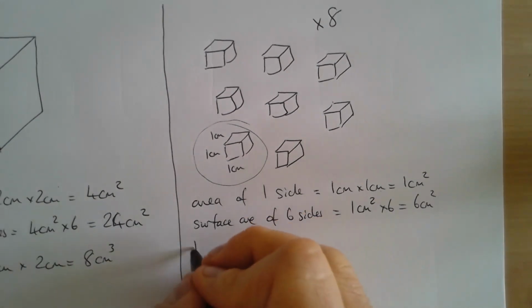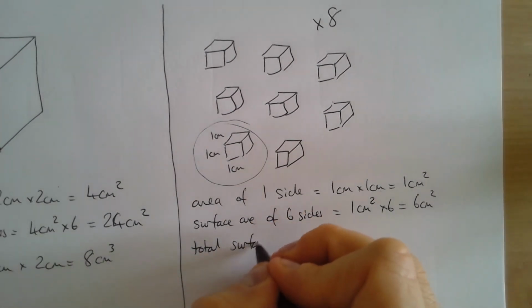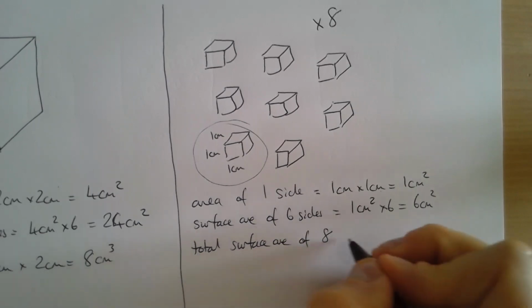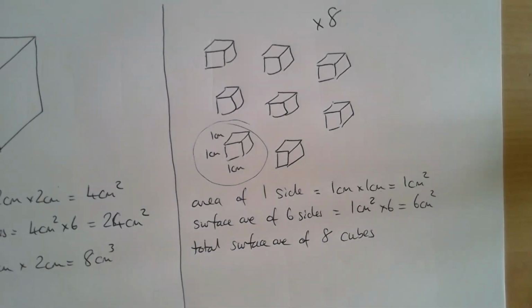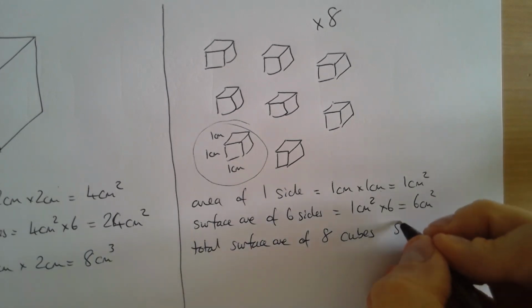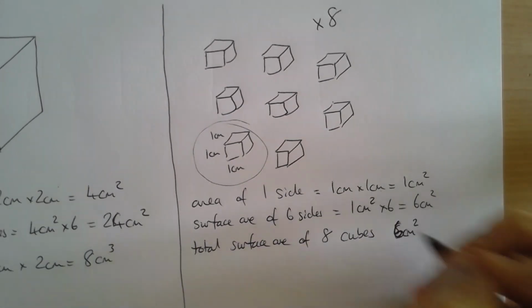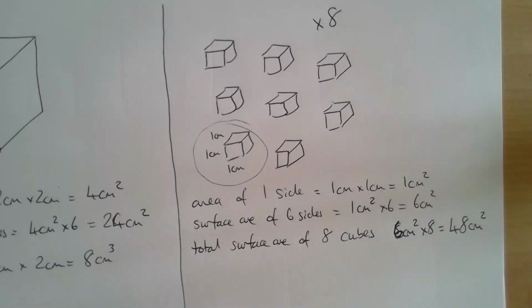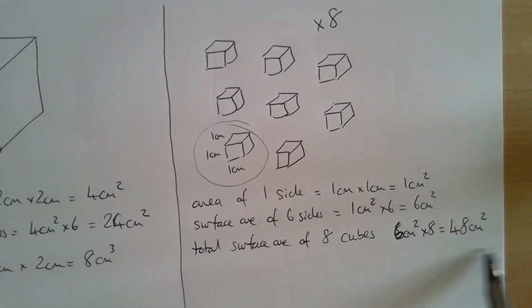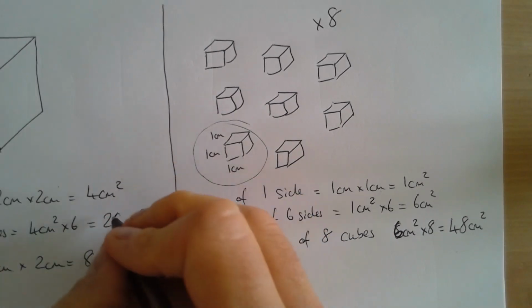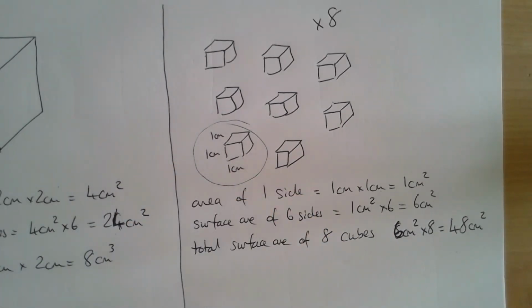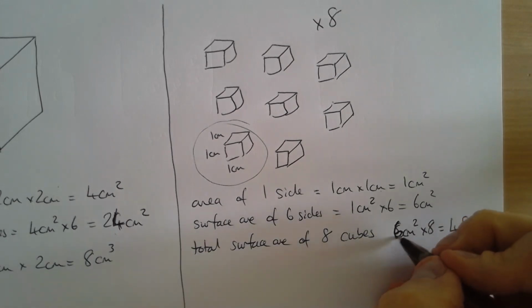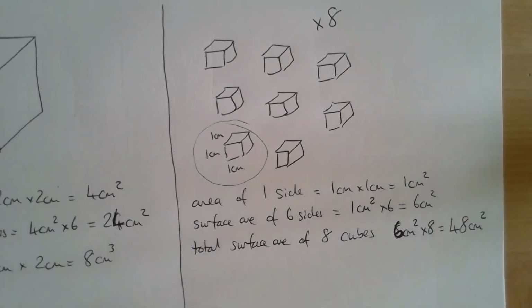But don't forget there's 8 cubes, so we've got now 6 centimeters squared multiplied by 8, which gives us 48 centimeters squared. So if we have a look back at what we did in our last example, we had a surface area of 24 centimeters squared. We've now got a surface area of 48 centimeters squared in our 8 cubes. So we've doubled the surface area.